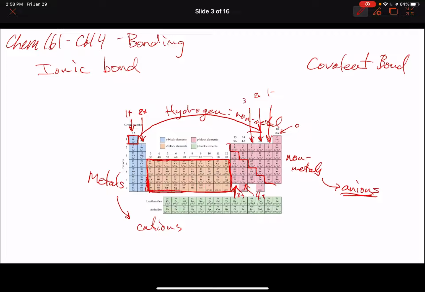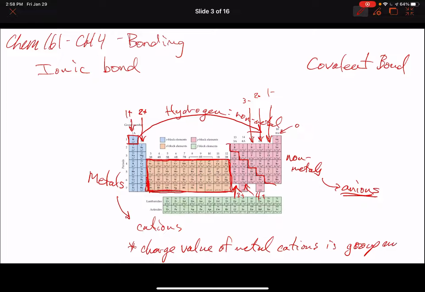Okay, so to predict the charge on cations from metals, avoiding the transition metals, the charge value is simply the column number, the group number.